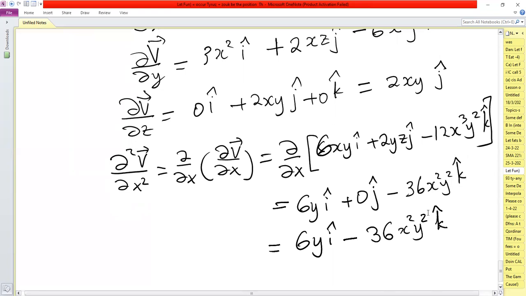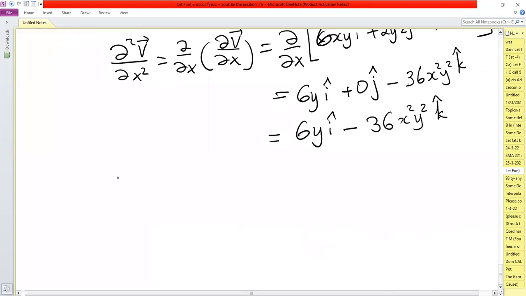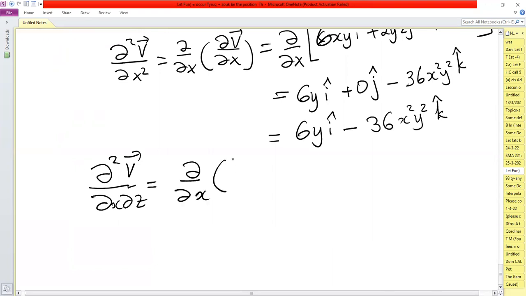And then lastly, we were supposed to evaluate partial squared v partial x partial z. From the definition, it's the same as partial x of partial v partial z.